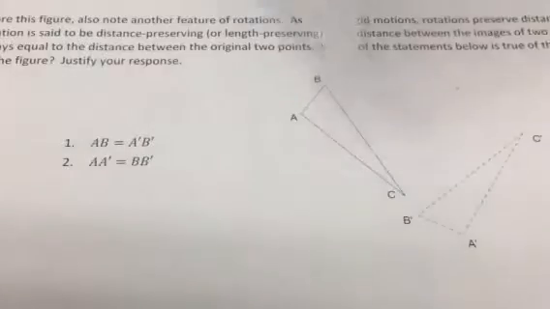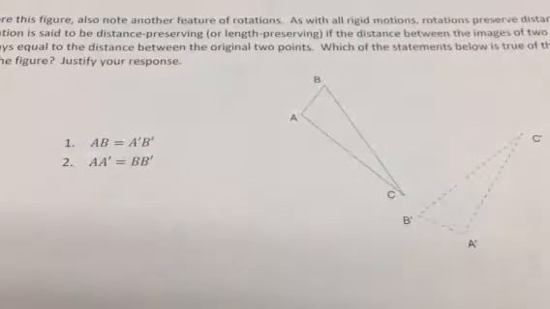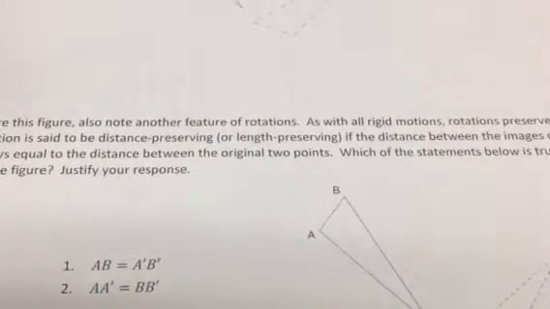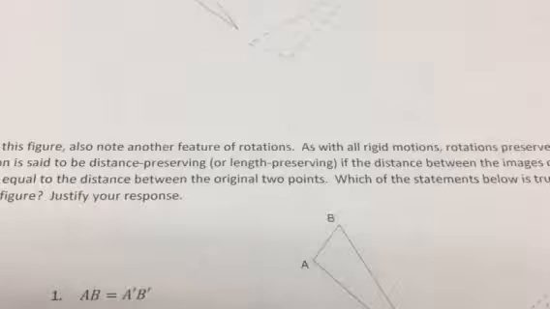All right, flip. Now we're going to example number 3. This has to do with the center of rotation. What this is saying is that we need to find the center of rotation for this transformation below.